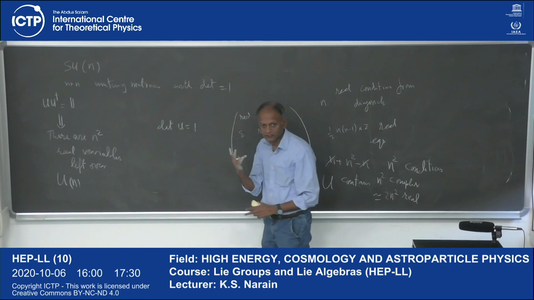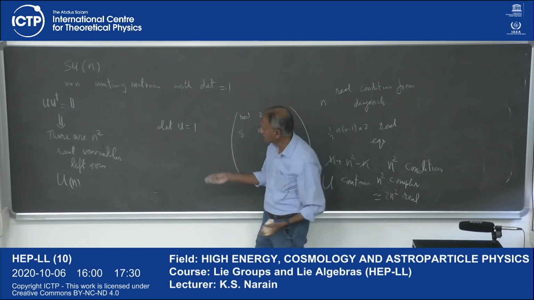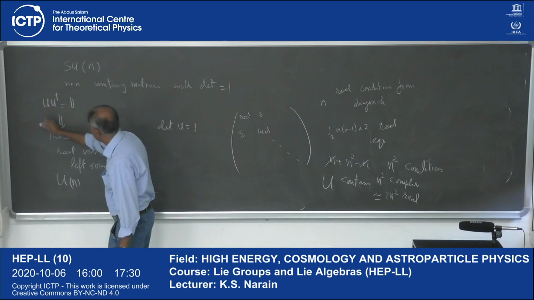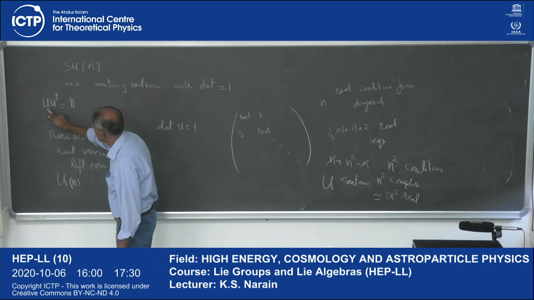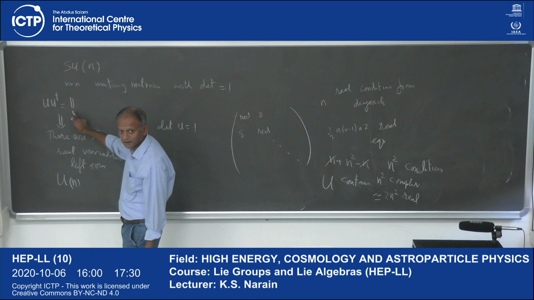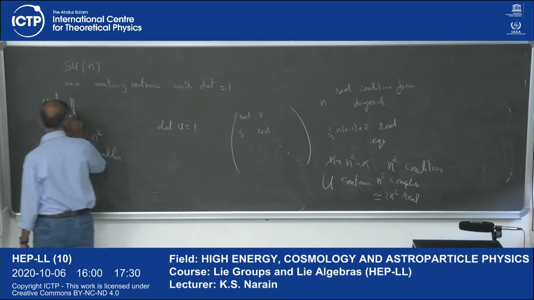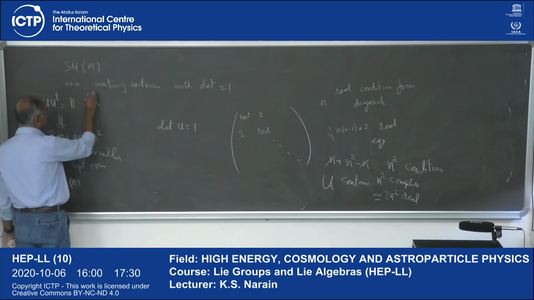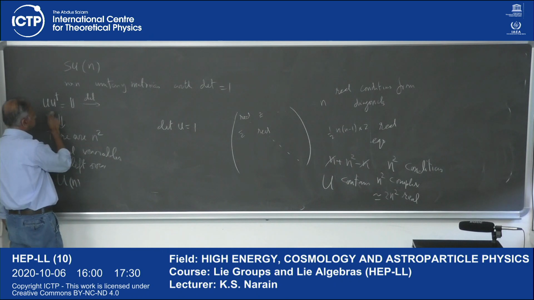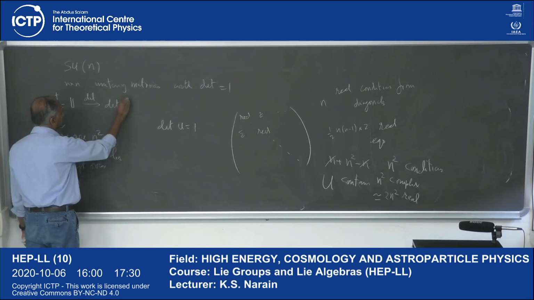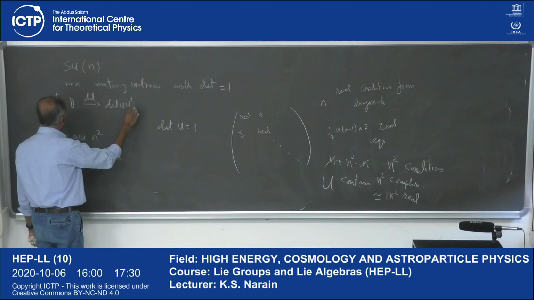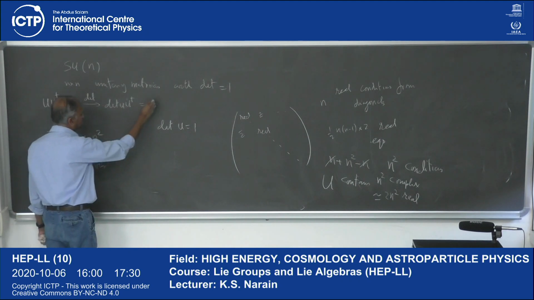Generically you get two real equations. However, we have already assumed that our matrix U satisfies U dagger U equals 1. If this equation is satisfied, then take the determinant of both sides of this equation. This gives you determinant of U dagger times determinant of U equal to the determinant of 1, which is 1.